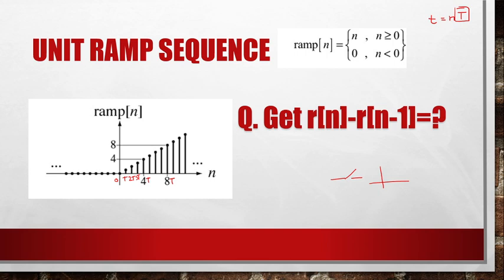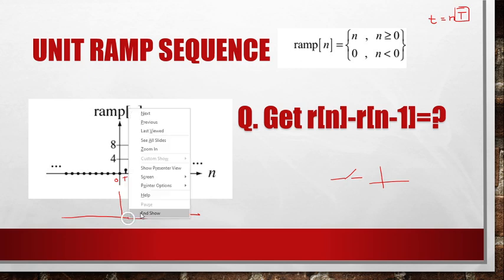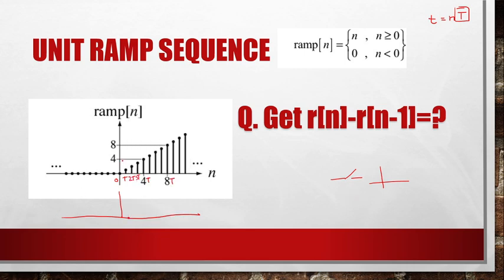If I do this, this is my Rn, and Rn minus 1 will be starting from here. So in Rn minus 1, the value will be 0.